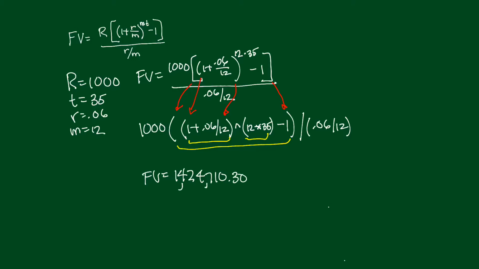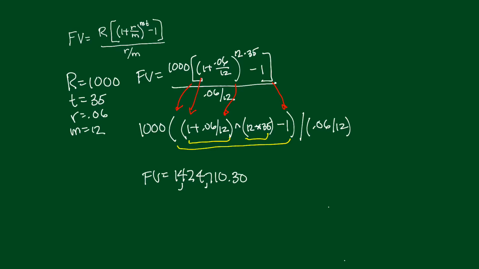So the deal is this: if we take $1,000, put it into an account at the end of every month at 6% for 35 years, how much are we going to have at the end of that 35-year period? Well, we'll have $1.4 million.